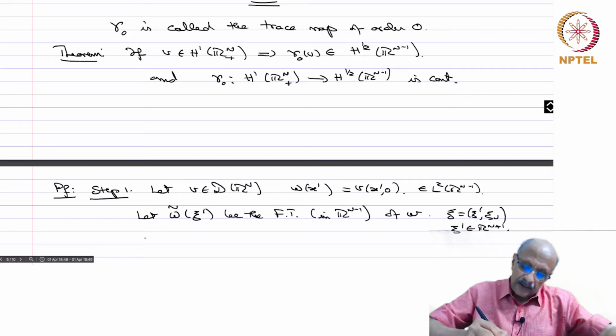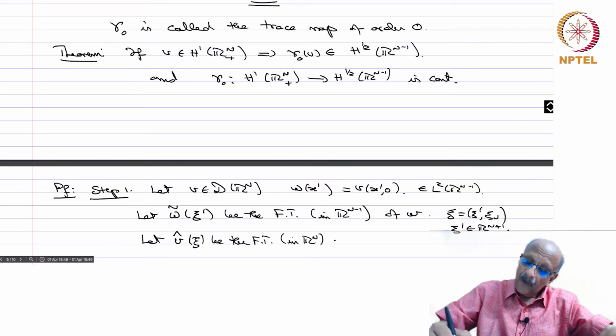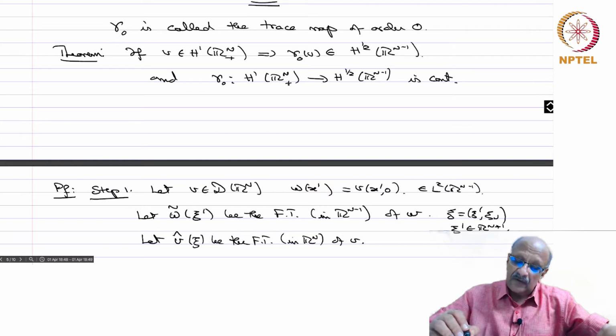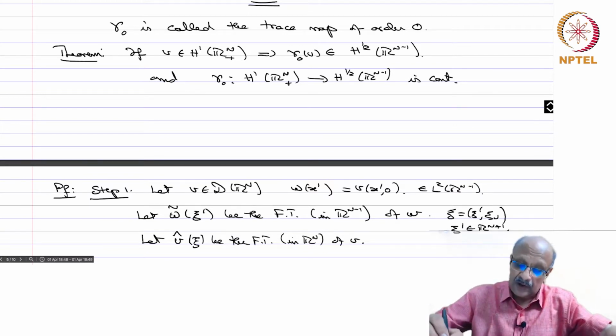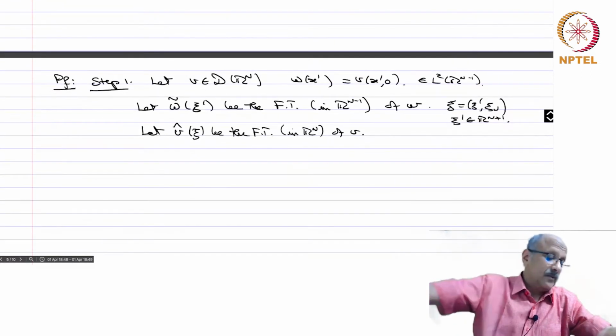Let V hat xi be the Fourier transform in Rn of V. Tilde usually I have been reserving for extension by 0, but now there is no confusion because we are working in all of Rn, and therefore extension does not arise. So I am using the symbol tilde for the Fourier transform in Rn minus 1.